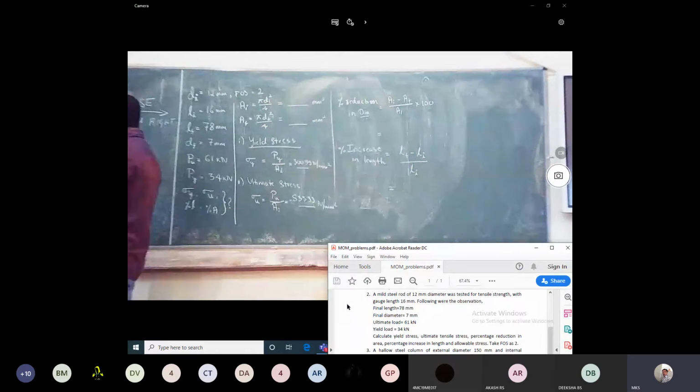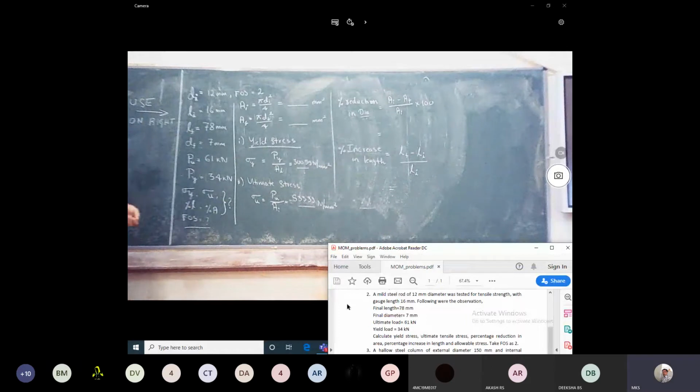Lastly, if it is asked to find the factor of safety, you can find that out also.